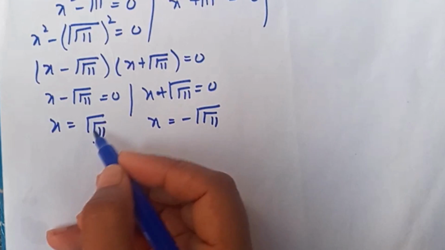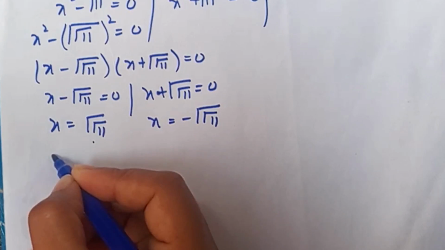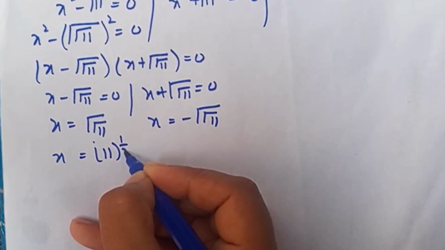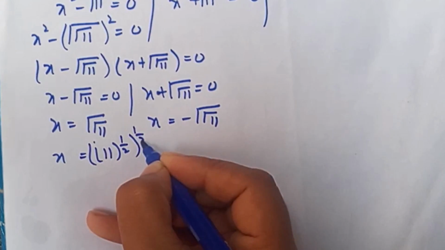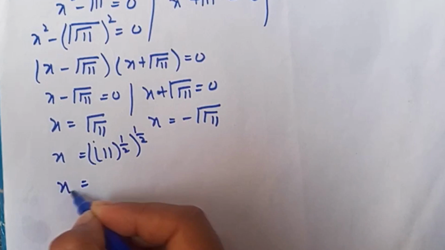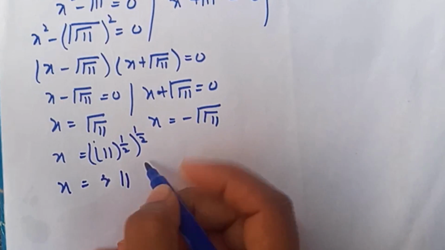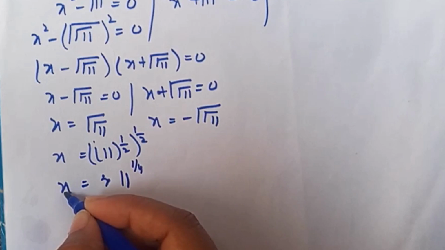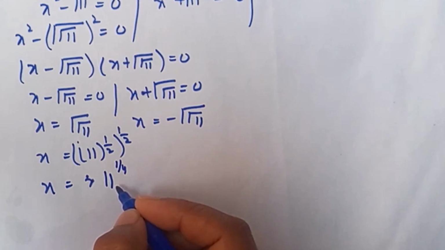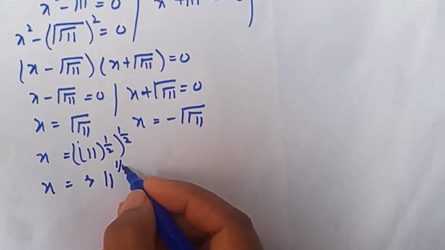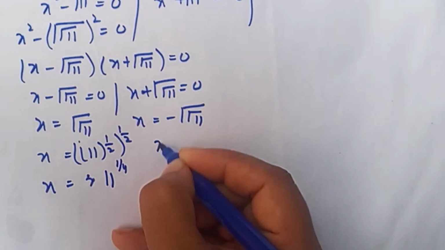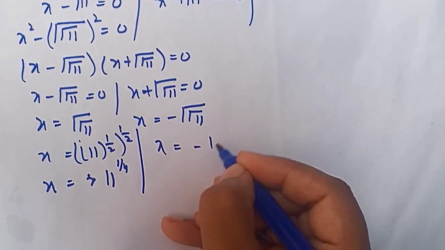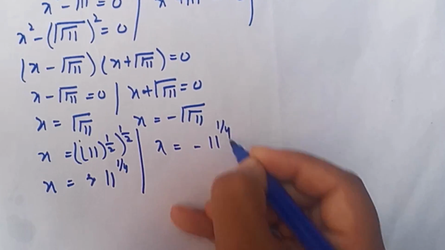So we write this square root as x is equal to 11 raised to the power 1 over 2, then again its power 1 over 2. If we multiply, then we get 1 over 4. So this implies x is equal to 11 raised to the power 1 over 4. Similarly, we write this value as x is equal to minus 11 raised to the power 1 over 4.